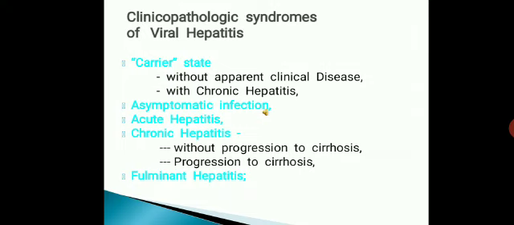It can present as asymptomatic infection. It can present as acute hepatitis. It can present as chronic hepatitis. It can present without progression to cirrhosis or with progression to cirrhosis, or it can present as fulminant hepatitis. So these are the different forms of presentation of viral hepatitis.